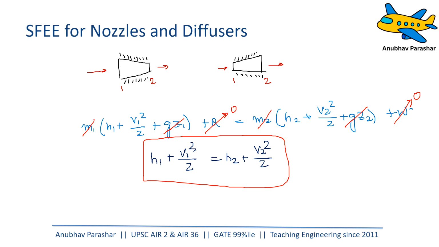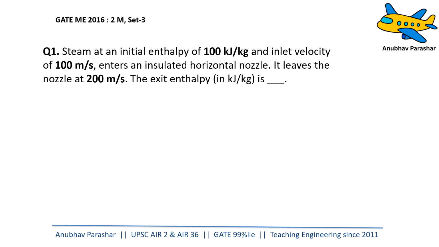Let us try to attempt a problem and understand this equation even more. So you can see in this question, steam at an initial velocity, enthalpy, 100 kilojoule per kg. Whenever we are attempting a problem, let us draw the diagram first: an insulated horizontal nozzle, right? So this is the inlet.